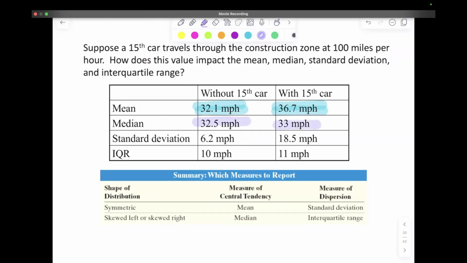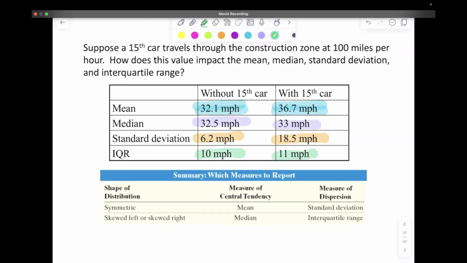Standard deviation without the 15th car is 6.2. With that 15th car, look at how different standard deviation is. It is extremely different. It went up by a lot. Interquartile range, my IQR, it was 10 miles per hour without the 15th car. It only went to 11 with the 15th car. So it doesn't change.